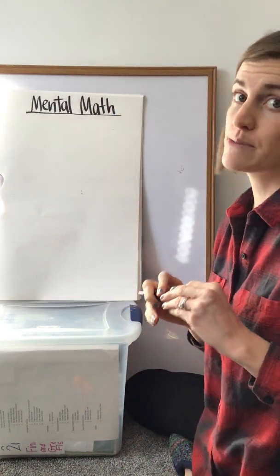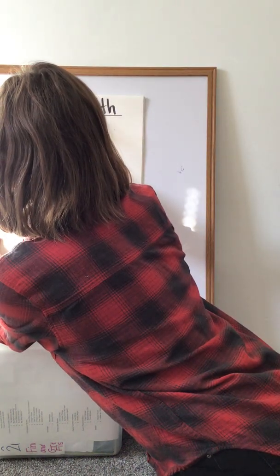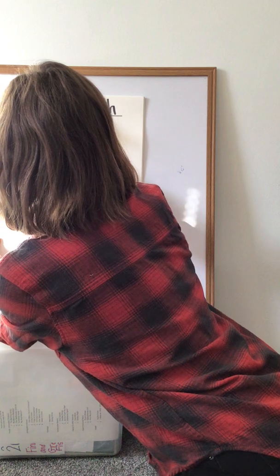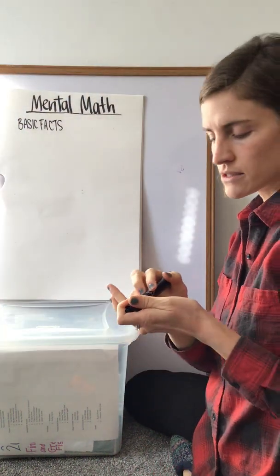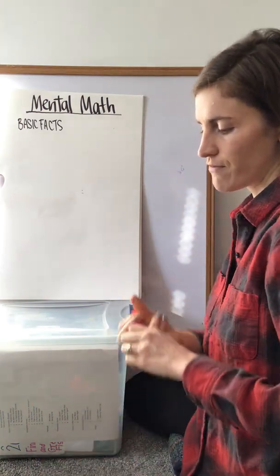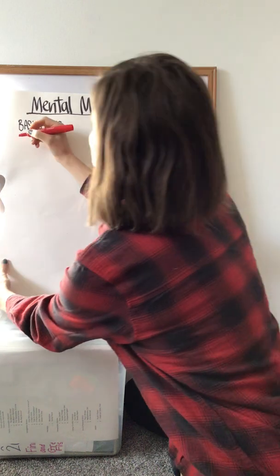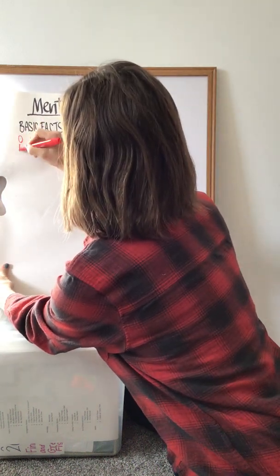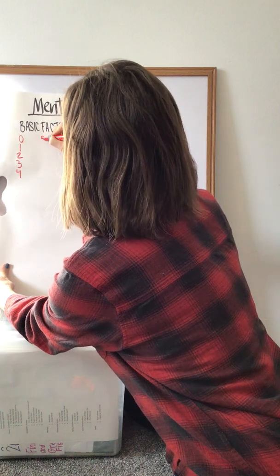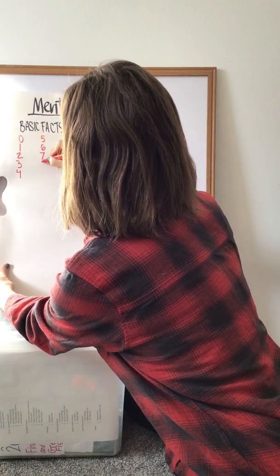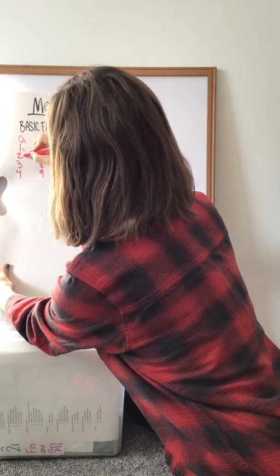The first is basic facts. Basic facts are the multiplication facts that you memorize starting in 3rd grade. Those would be 0s, 1s, 2s, 3s, 4s, 5s, 6s, 7s, 8s, 9s.